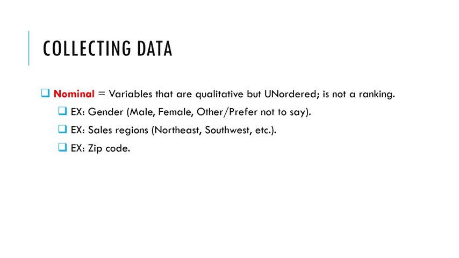I can categorize customers by zip code, but I can't necessarily say one zip code is better than another zip code. It just doesn't have any meaning in and of itself. Political party affiliation, same kind of way. It helps me organize and sort people for my investigation, but I can't say that there's any ranking involved there.